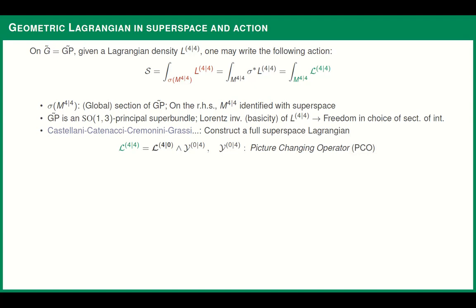In particular, the form written in this way by means of these picture changing operators, which involve delta forms, is an integral form, and it's the way in which you build a top form in superspace.